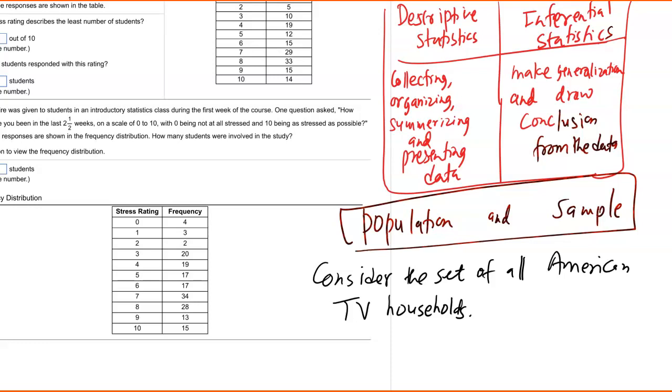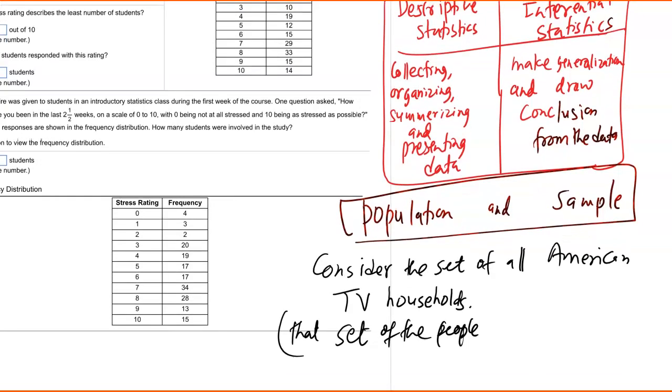Think about the group. That set of people who have a TV in their home is called the population.